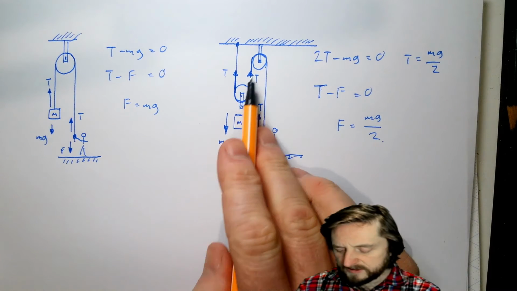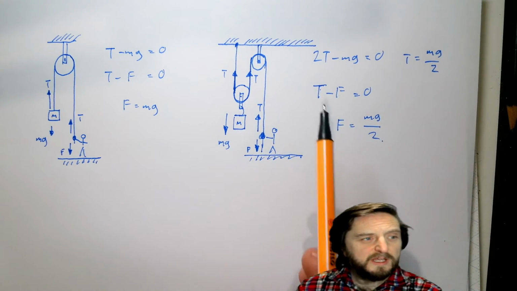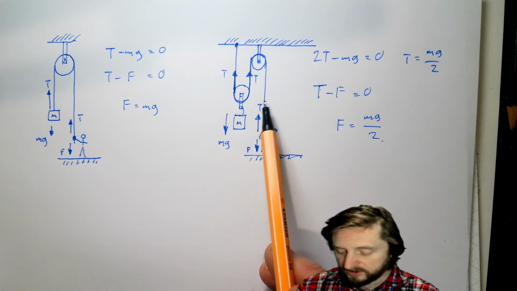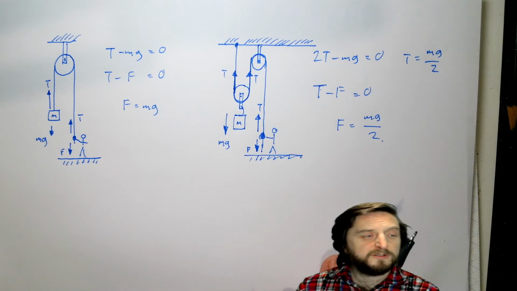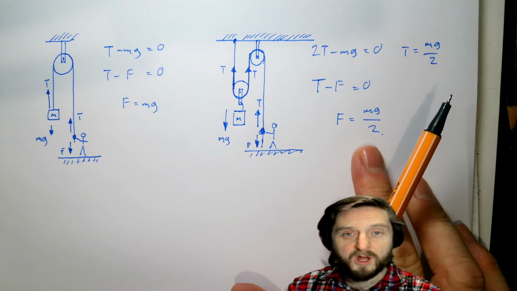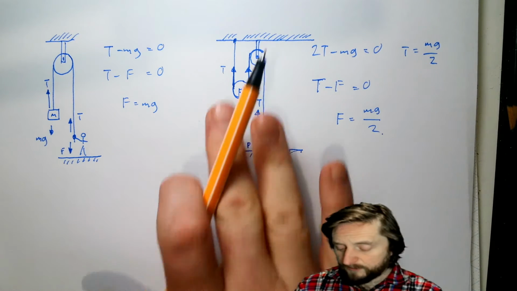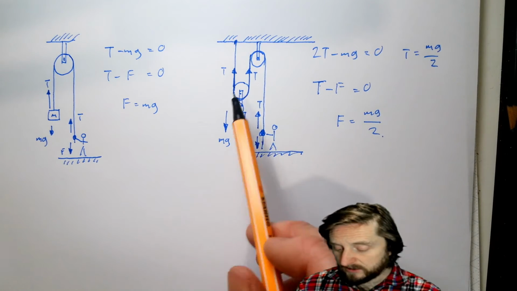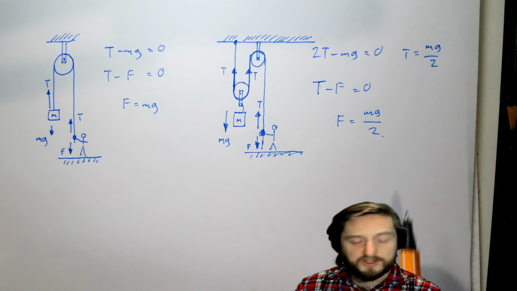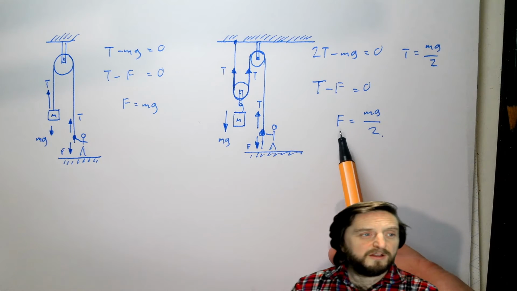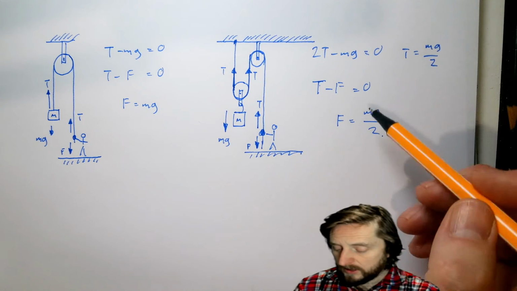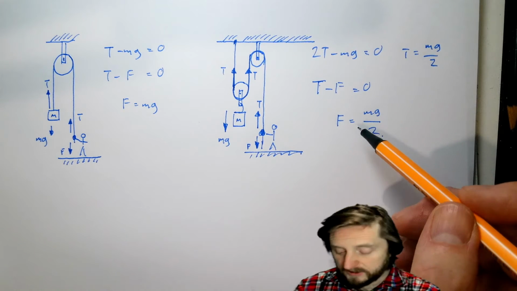Okay, so what this pulley has allowed us to do is to double up the tension in the rope, to basically half the amount of force we have to apply in order to pull this object up. And you can carry on doing that. You can put complicated arrangements of pulleys that quarter this, eighth this, make the force smaller and smaller.